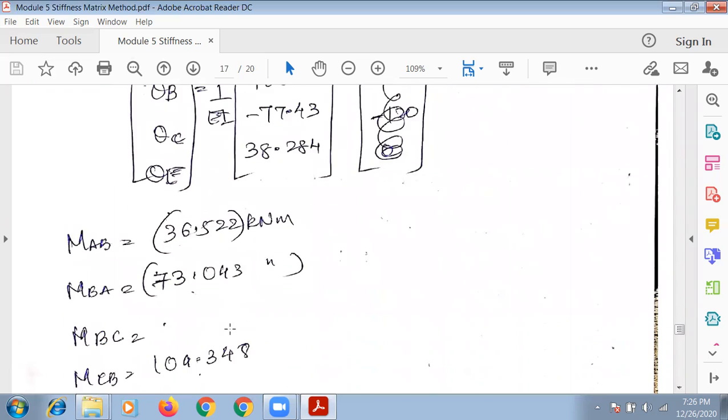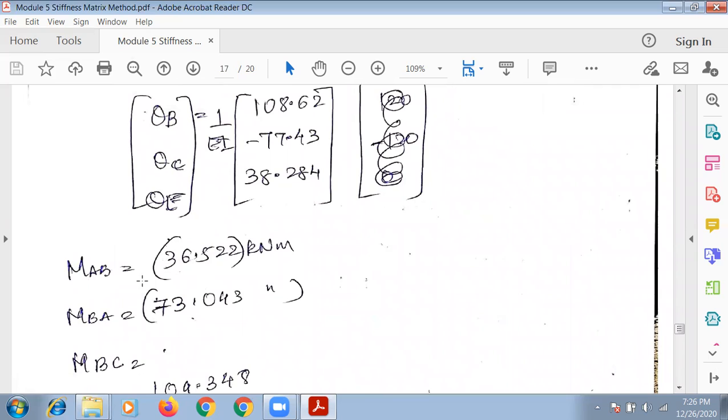Then calculate the final terms here, that is MAB. Put the same slope deflection formula. MAB is equal to MFAB plus 2EI by L, then 2 times theta A plus theta B minus 3 delta by L. That is first. Next, MBA.